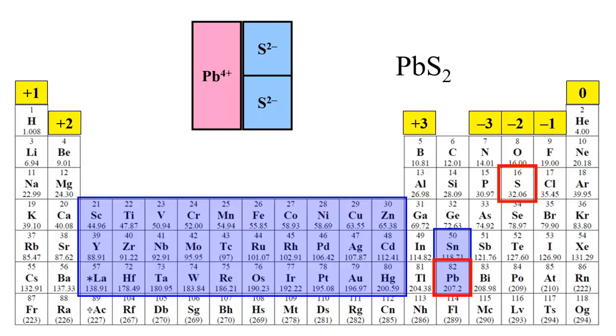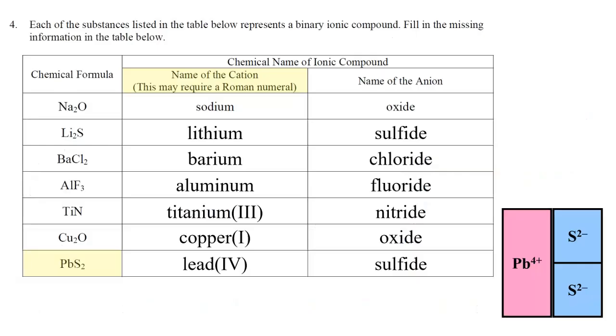Therefore, the charge on that single lead ion would have to be +4 to give you an overall charge of 0 and balance the charges. So what's my name? It's going to be lead, Roman numeral 4, and again, sulfur becomes sulfide. So lead, Roman numeral 4, sulfide is the correct chemical name, and I will fill that in our table.